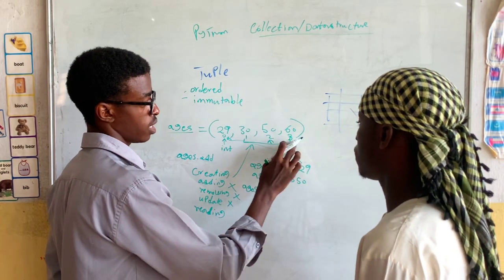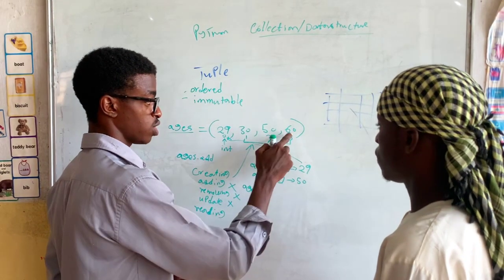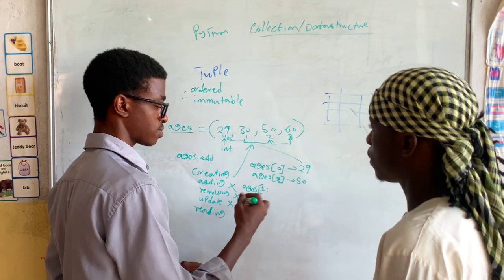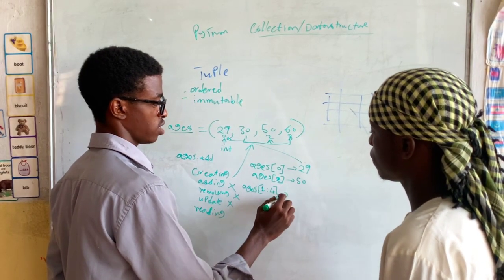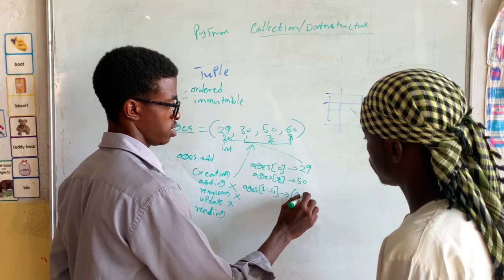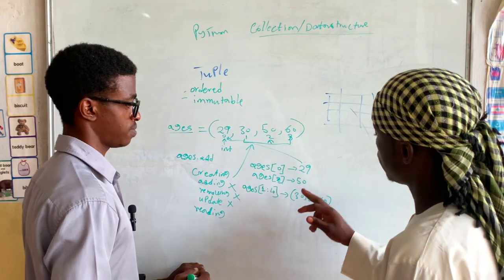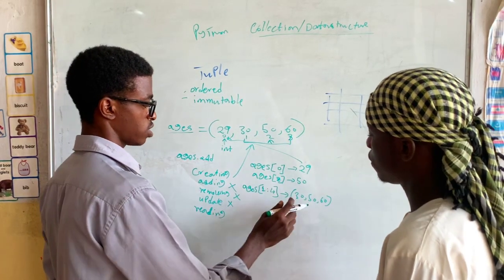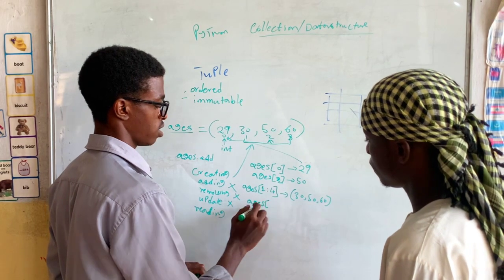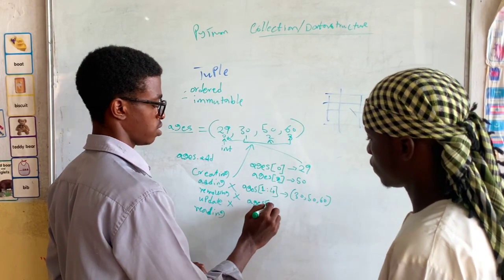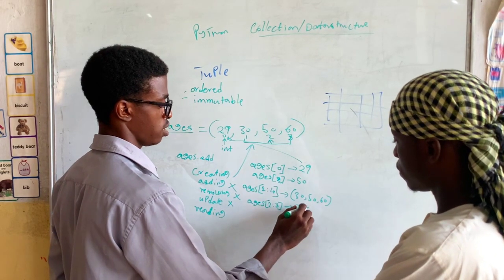Since I want to include the last one, I have to add 1, same as with a list. So I put 4, and we're going to see the output like this: a tuple of 30, 50, and 60. If you want to see 30 and 50 only, it's very simple. You just call your basket, or collection, then put 1 colon 3, and that's all. It's going to show you 30 and 50 only.